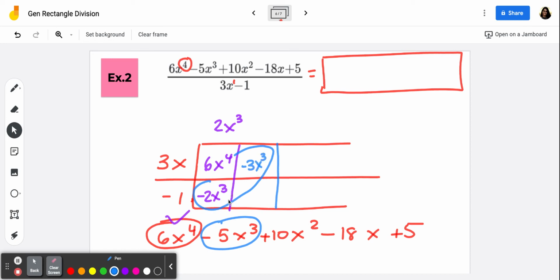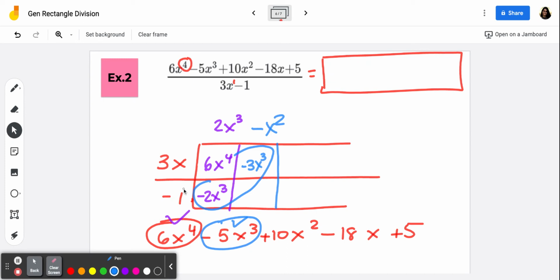Right? Negative 3 of them and negative 2 of them would make negative 5x cubed. So what has to be written up here? In order for this box to become negative 3x cubed, it needs to be a negative 1x squared. X squared times x is x cubed. That would work. You can always double check and make sure you're doing it correctly.